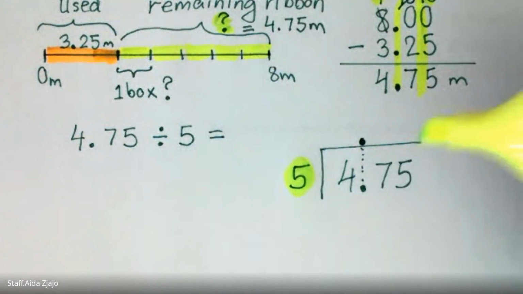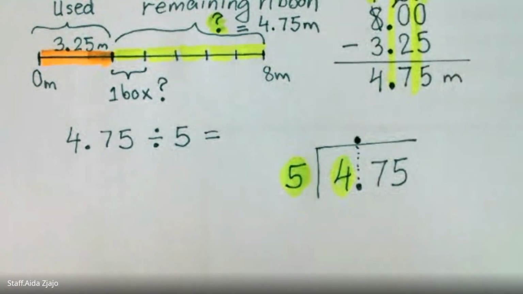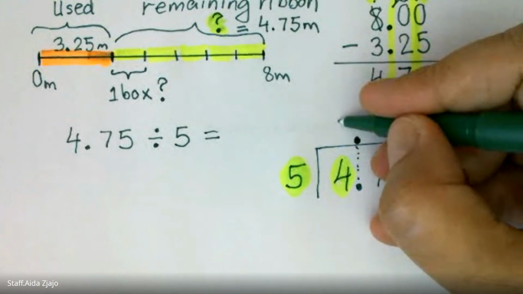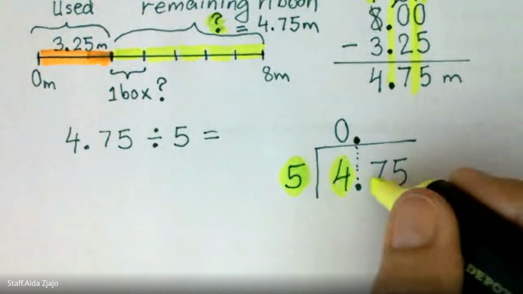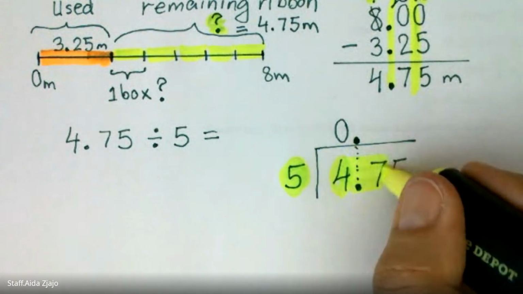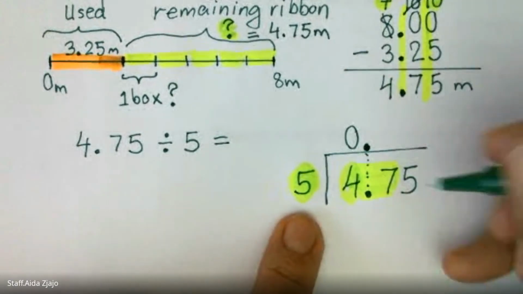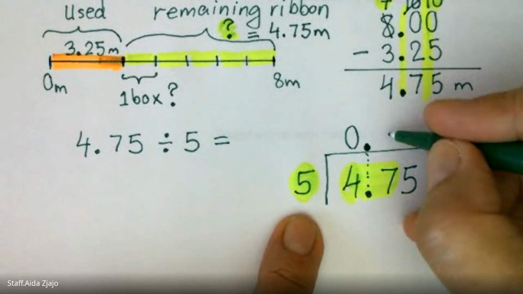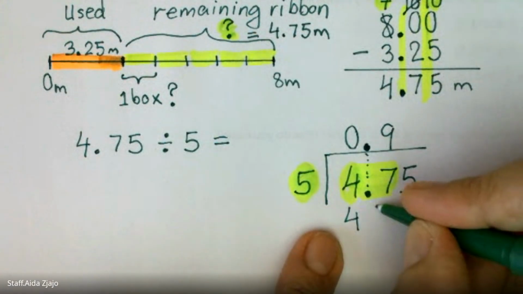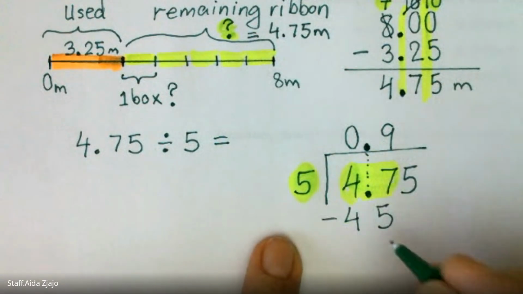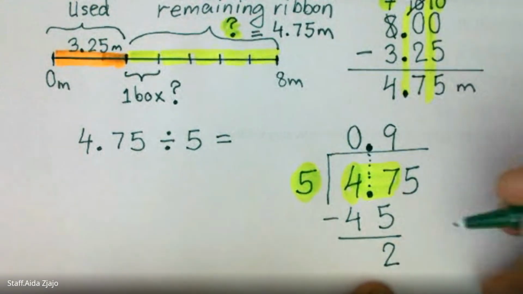I'm taking one number at a time. Can I share equally 4 wholes into 5 groups? No, I can make no groups, 0. Then I will regroup the wholes to have 47 tenths. Now if I have 47 tenths, I can divide them in groups of 5. I know that 9 times 5 is 45. When I subtract, I will have 2 left over, 2 tenths.